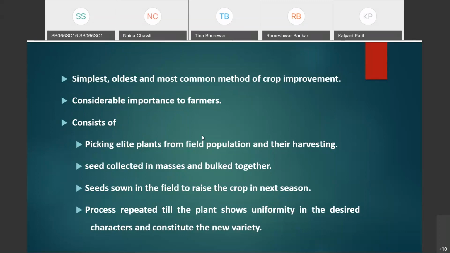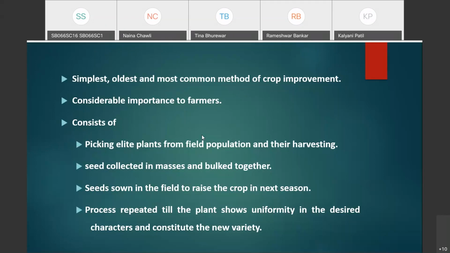This method does not require any such knowledge. That's why this method has considerable importance to the farmers.